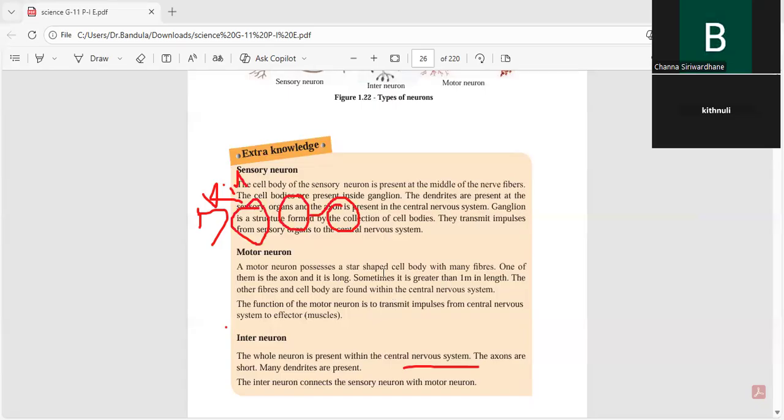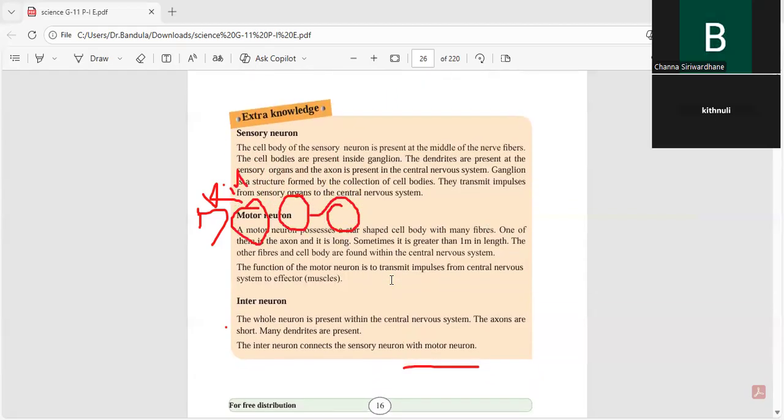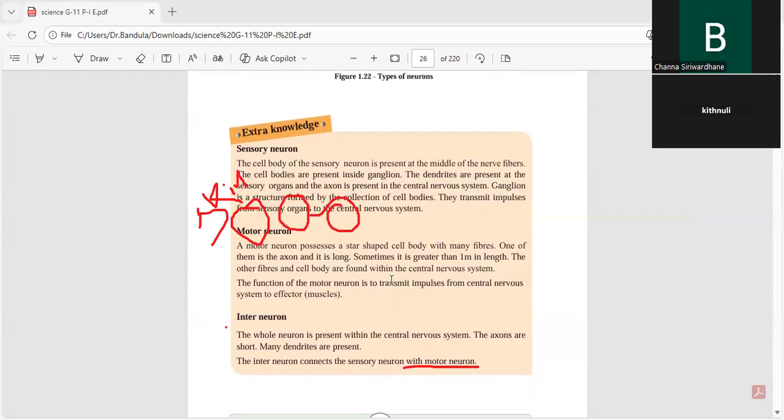So, one of them is the axon and it is long. Sometimes it is greater than 1 meter in length, because it has to reach the end of a toe. Think of a girl's big toe: an axon goes all the way to its end.